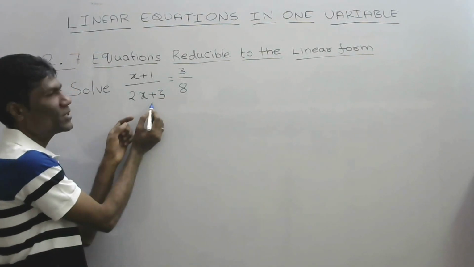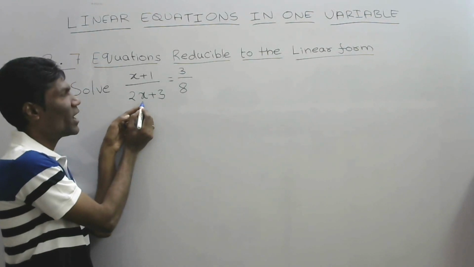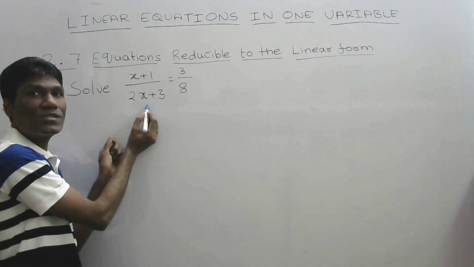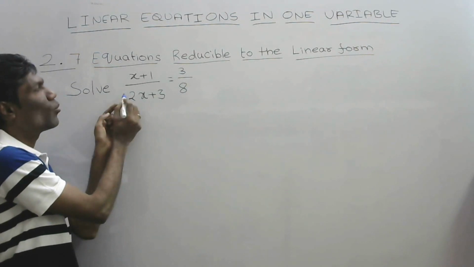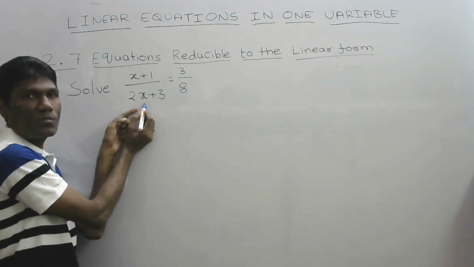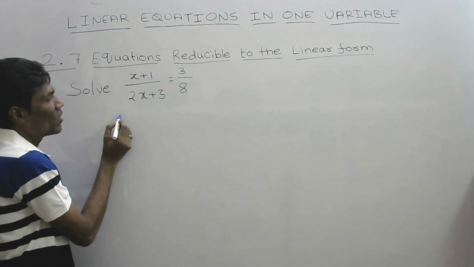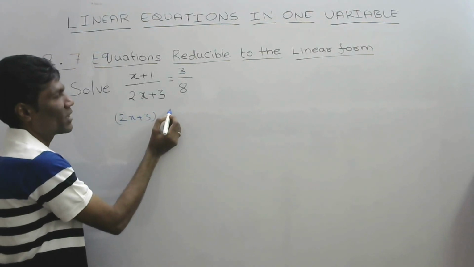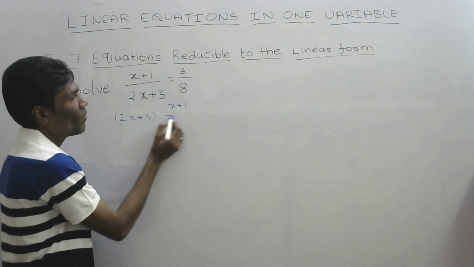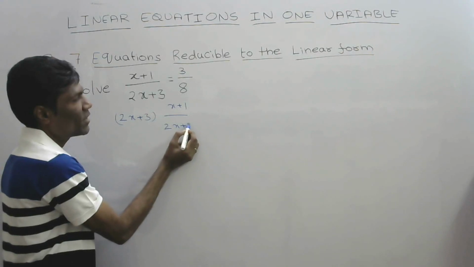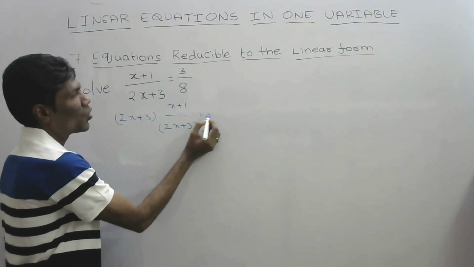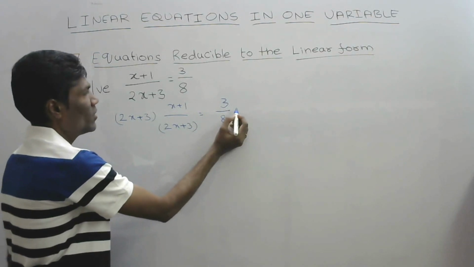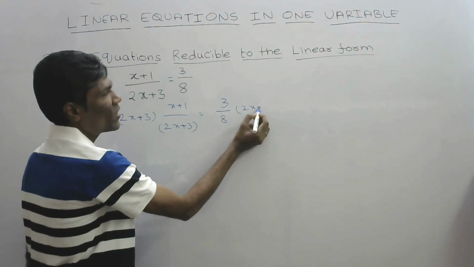Now, if we observe, on the denominator we have 2x plus 3. So, let us multiply both the sides with 2x plus 3. We will multiply x plus 1 by 2x plus 3 equal to 3 by 8, 2x plus 3.